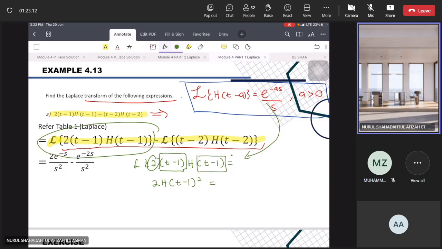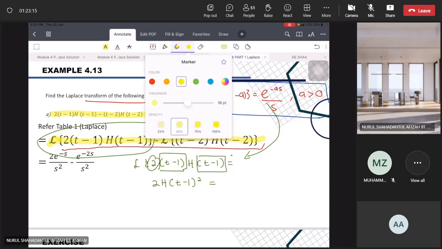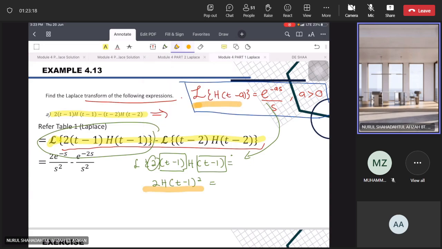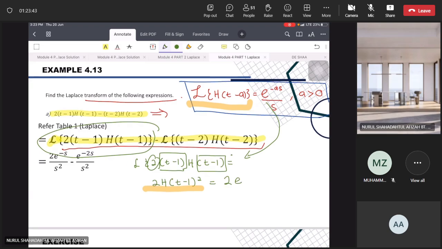So when you compare this one with this equation, you'll get the answer. 2h, so you have 2 here, negative e, a is 1, and then s square, because you have square here.